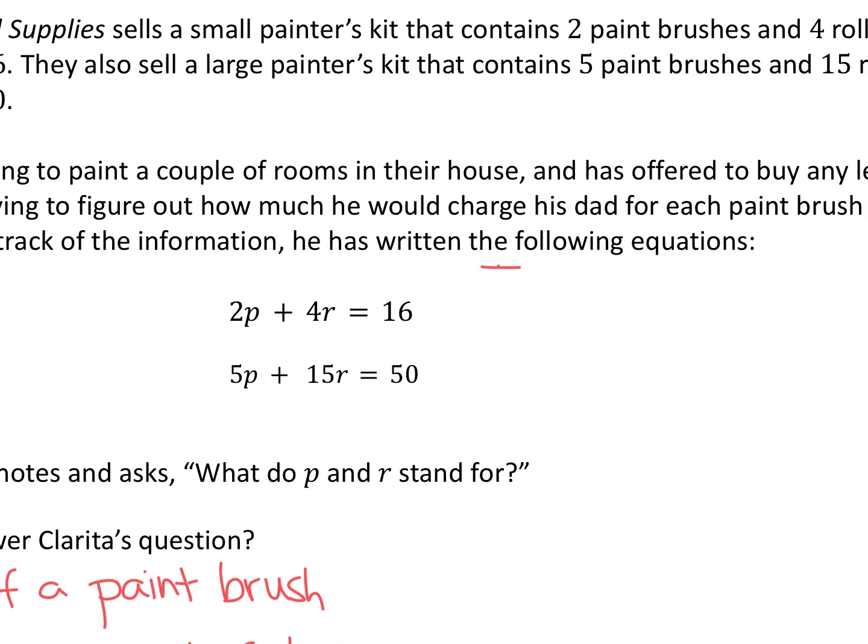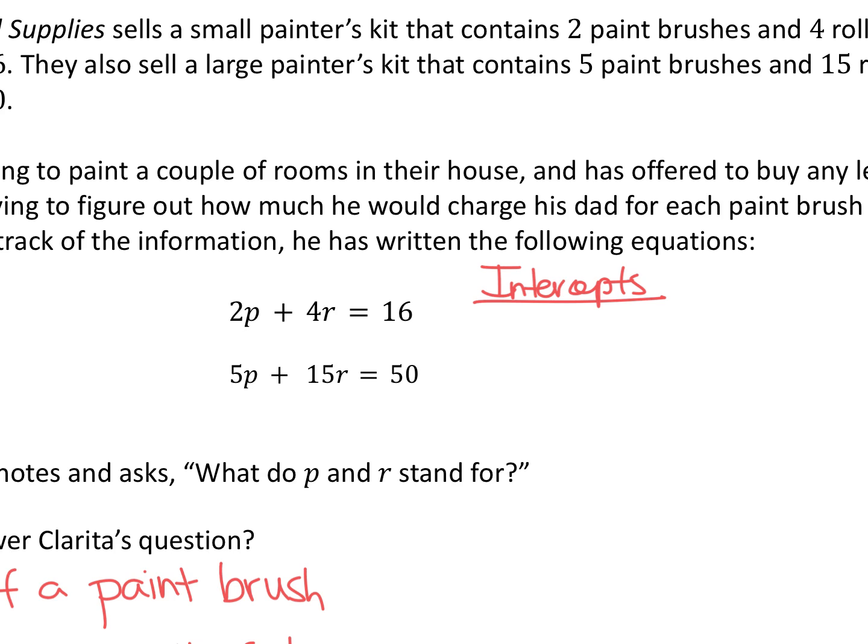So let's find our intercepts really fast. In order to find my intercept for P, which is like Y, we're going to graph P as Y. All I would do is set 4R to be 0, and then divide 16 by 2.